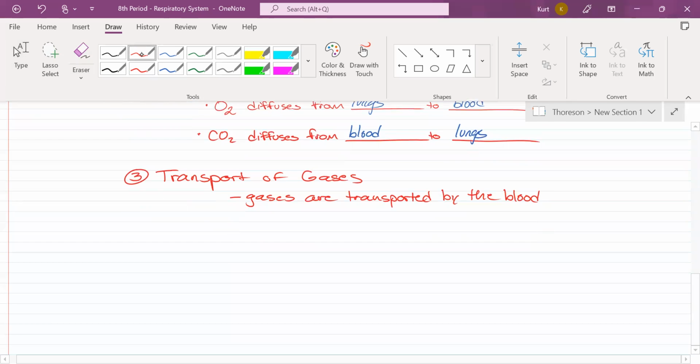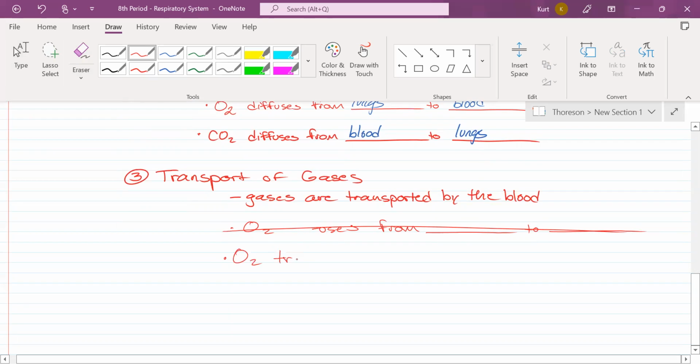So step 4, oxygen diffuses from blank to blank. Or I got that wrong. My bad. I was looking at the last step. Excuse me. Oxygen is transported from blank to blank via blood.